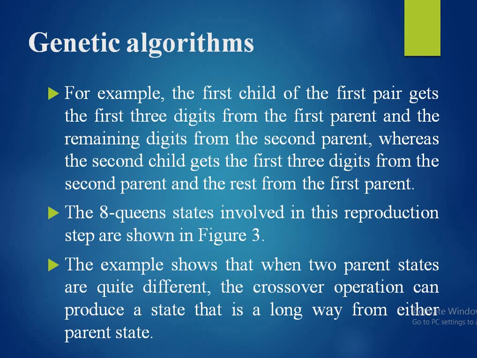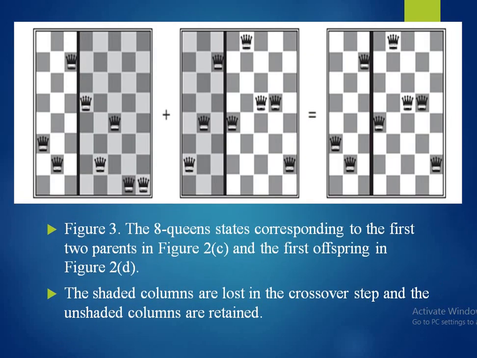The 8-queen states involved in this reproduction step are shown in figure 3. The example shows that when two parent states are quite different, the crossover operation can produce a state that is a long way from either parent state.